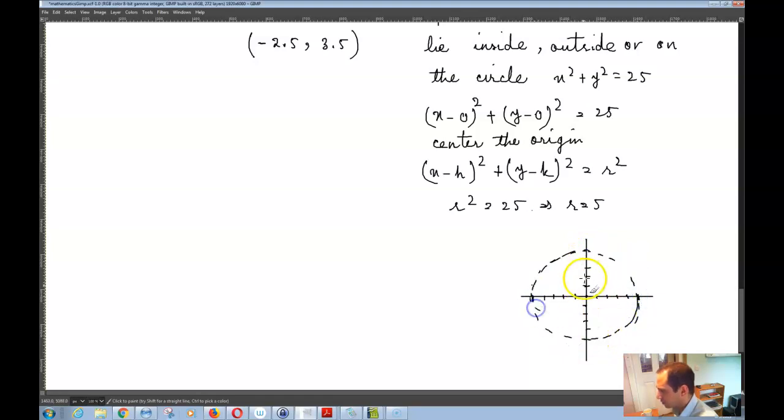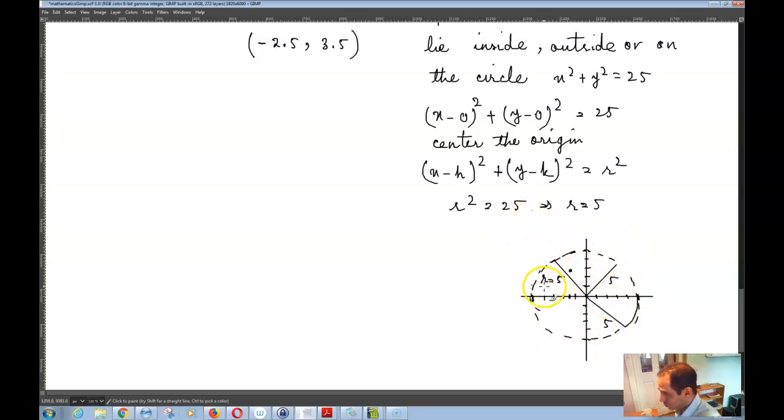In every direction the distance is simply 5 units, and that's equal to the radius. Now this point over here is negative 2.5, which is this point over here. Negative 2.5 and 3.5 is somewhere over here, so of course the point is inside the circle.